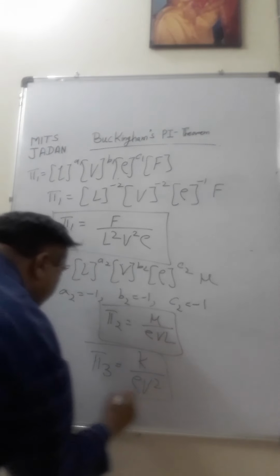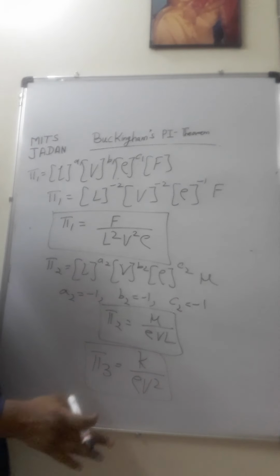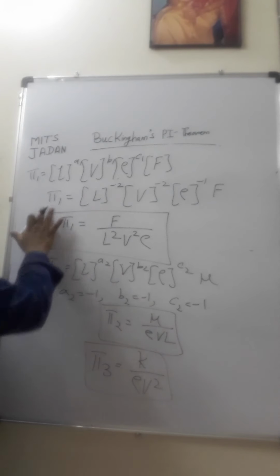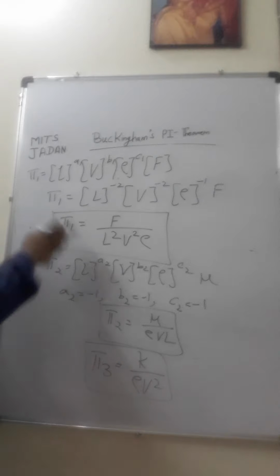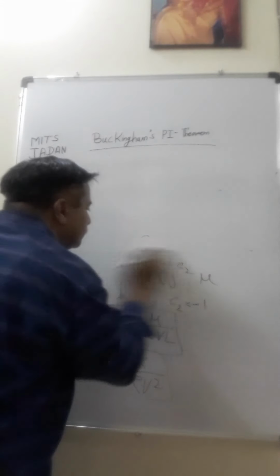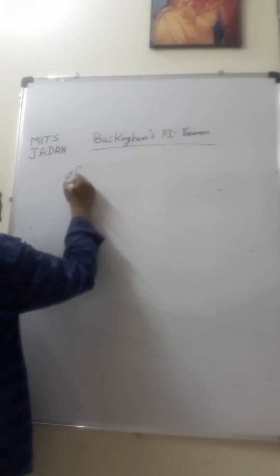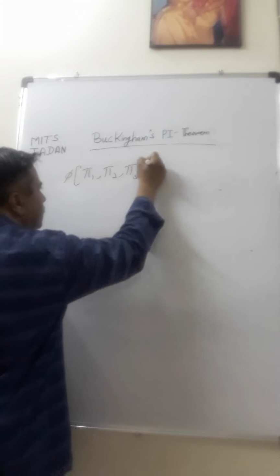Now you have all the three pi terms. By a similar method you can solve pi 3 also. Pi 1, pi 2 and pi 3 will be solved by similar methods. Now you have pi 1, pi 2 and pi 3. Replace these values in equation number 2. Equation number 2 was phi of pi 1, pi 2, pi 3 is equal to 0.